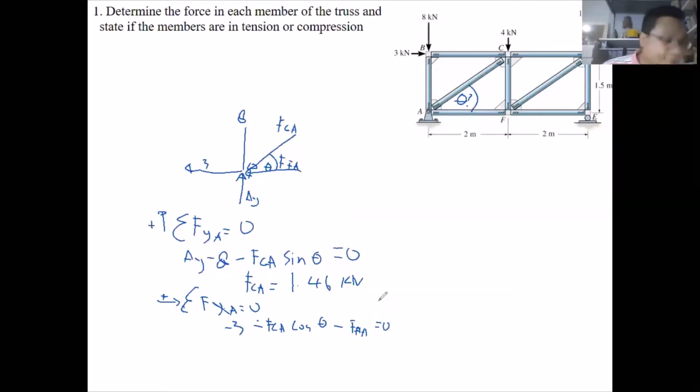Okay? Now we can calculate the FCA is equal to 4.17 kilonewton. Okay, this one is for joint A.